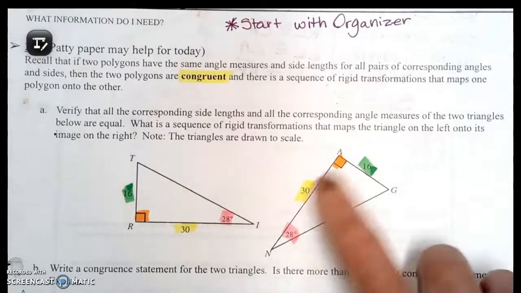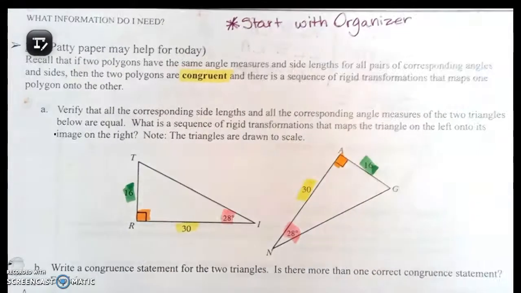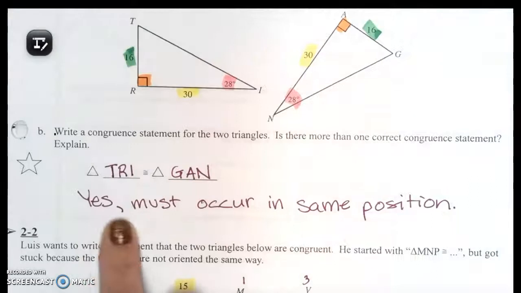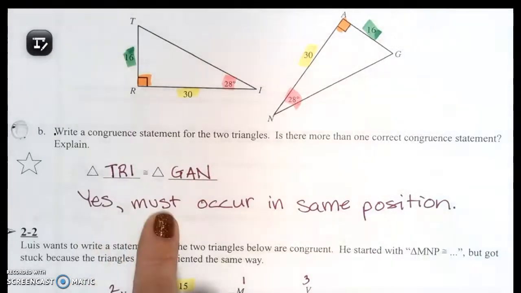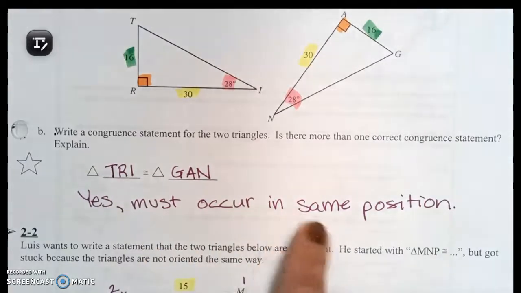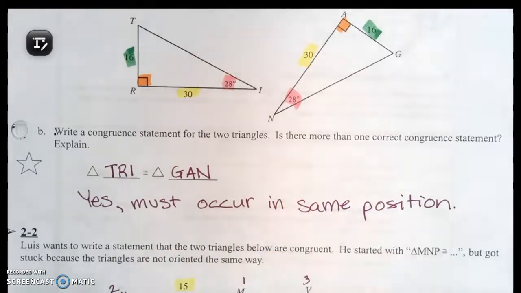Okay? So we can write a congruence statement for the two triangles, and we want to know, are they congruent? The answer is yes. The congruent pieces must occur in the same order or in the same position.